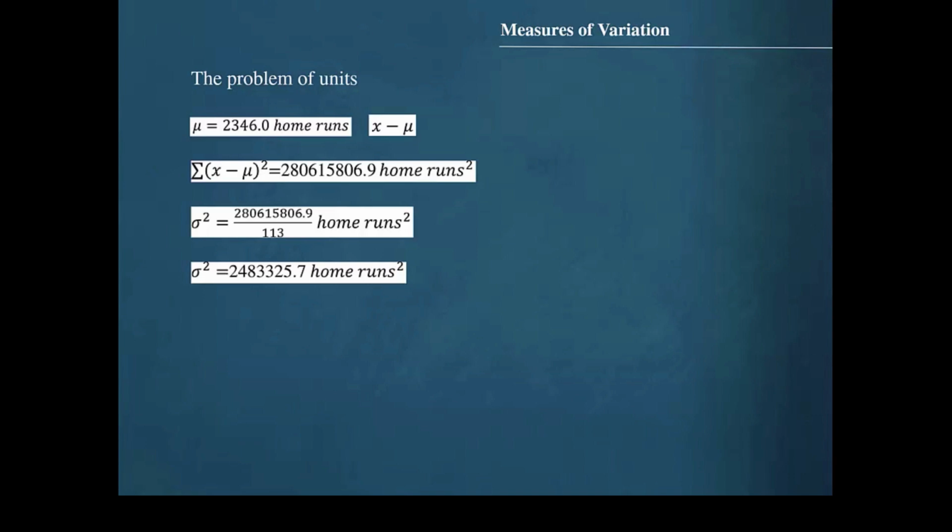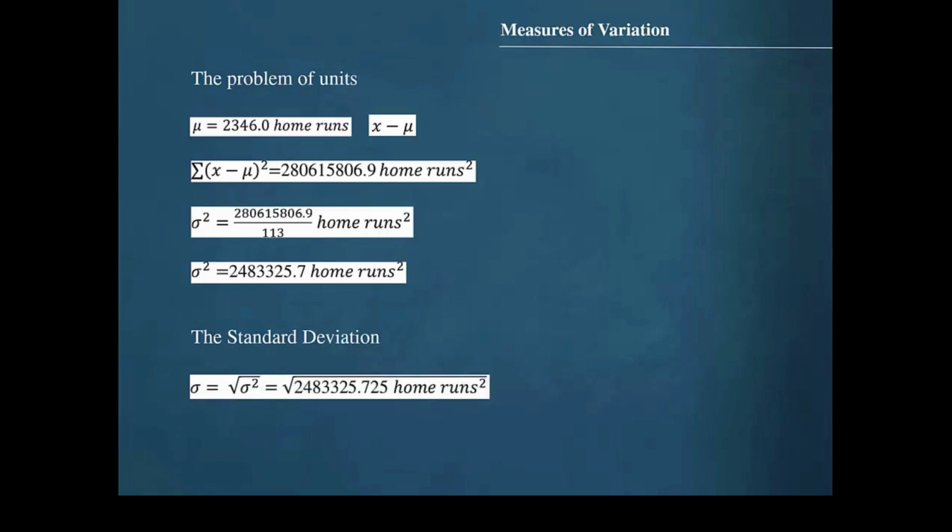The solution to that problem is known as the standard deviation, and we take the square root of the variance. The result will be a measure that we call, again, the standard deviation. Notice here we are back to the correct units of simply home runs. And notice we are consistent with the units for the mean.